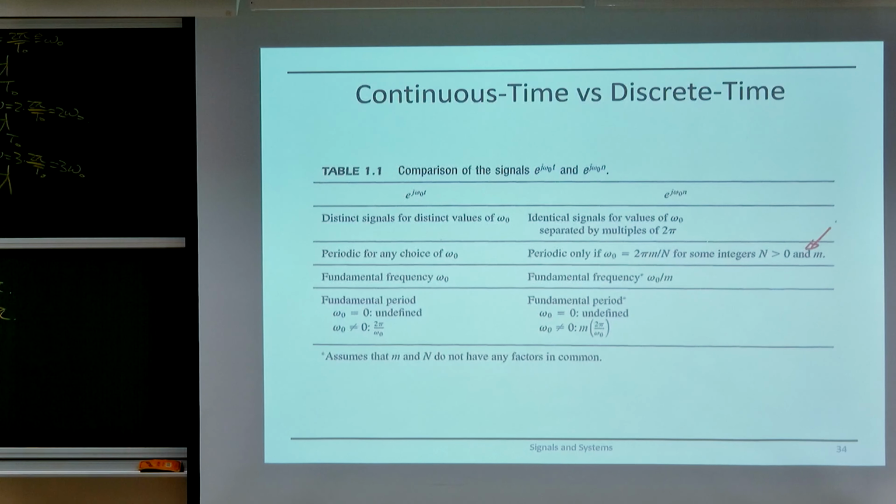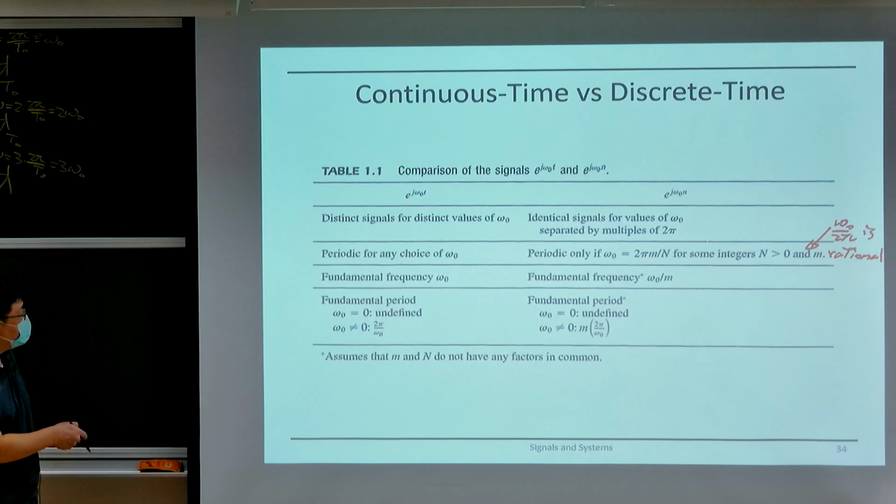So this means that omega naught over 2 pi is rational. And here, the fundamental frequency is omega naught, and the fundamental period, assuming omega naught is not equal to 0, is just 2 pi over omega naught.